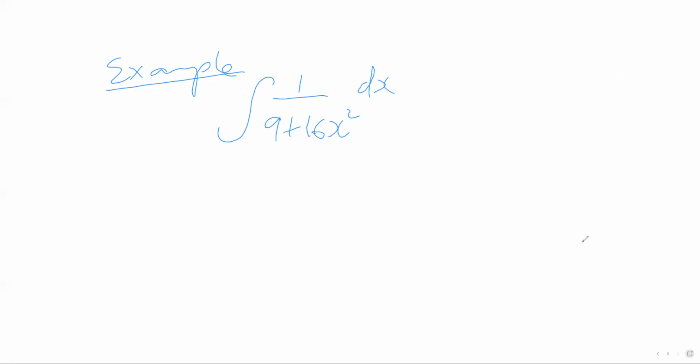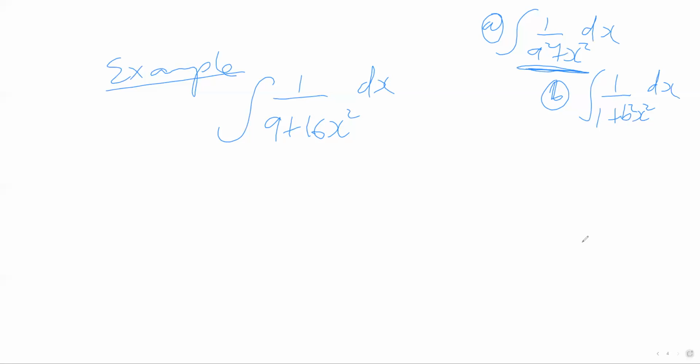Okay. So look, we are using two expressions. The first expression is 1 over a squared plus x squared. The second expression we are using is 1 over 1 plus b squared x squared dx. So now look, this expression requires that x squared is standing alone, and doesn't have a coefficient apart from 1.